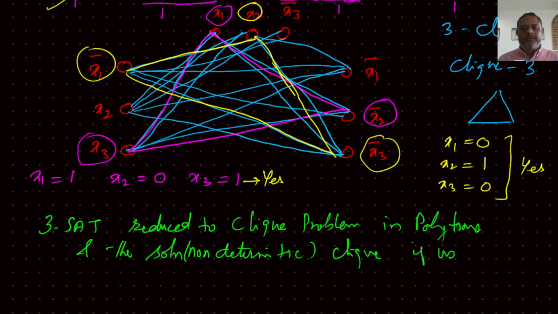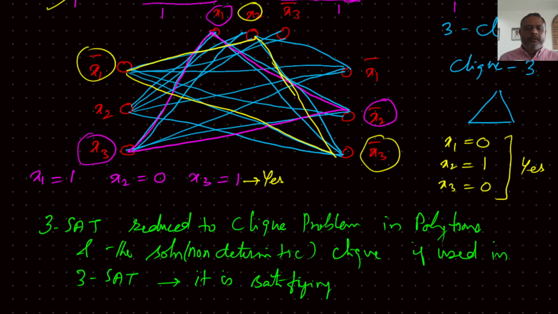A solution of a clique, if used in 3-SAT, we found that it is satisfying. So if you can find some solution for the clique problem, that is going to solve the 3-SAT problem also.